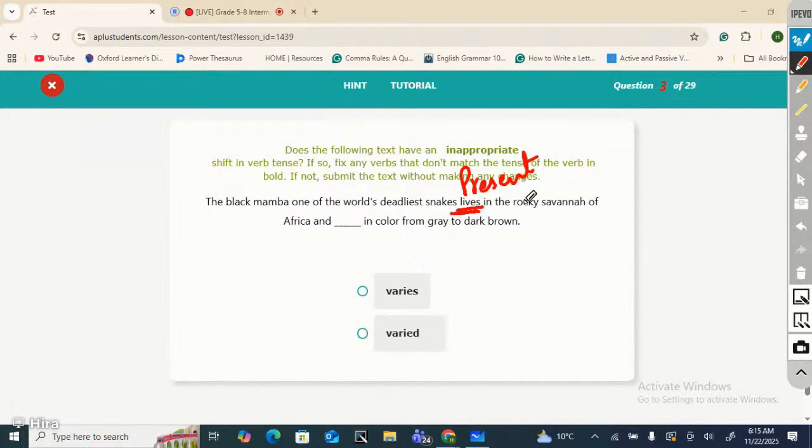So, to not make any inappropriate shift in the verb tense, we need a present tense verb, and varies is in present tense. So option 1 is correct. Very good. Lives in the rocky savanna of Africa and varies in color from gray to dark brown.